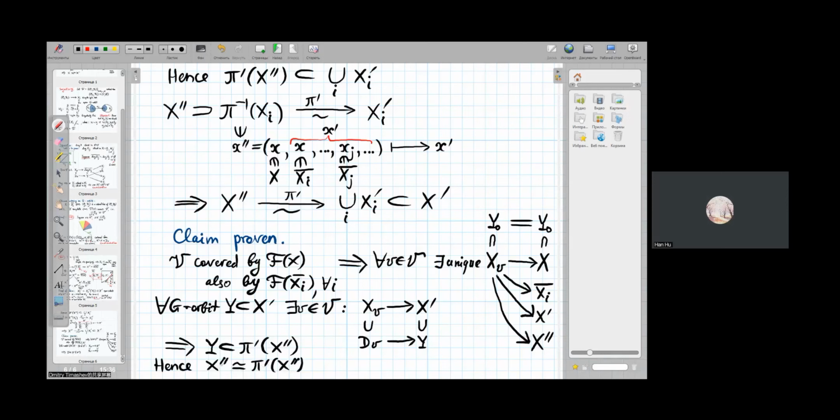So x double prime is isomorphic to its image, but this image actually coincides with x prime, because any orbit in x prime is contained in the image of pi prime.